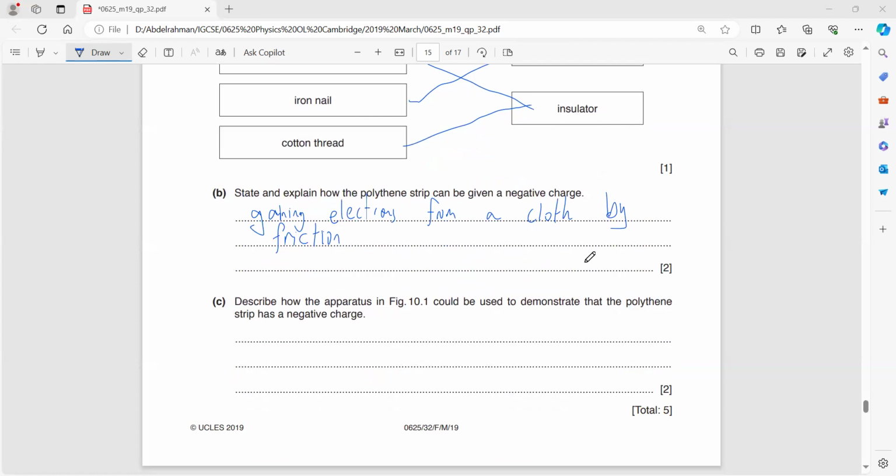How can I use this apparatus to demonstrate that the polythene strip has a negative charge?